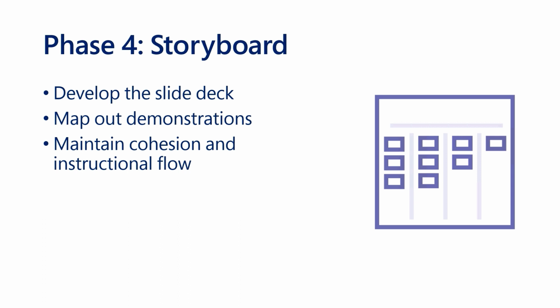Let's say I'm developing a course that's going to have 5 modules or 5 lessons. The reason why I work these phases in batches is to help maintain instructional flow. And what I mean by that is, let's say that we've got a course that I'm doing that's going to have 5 or 6 modules. I'm not going to storyboard module 1, then proceed and record and edit and produce module 1, and then storyboard module 2.